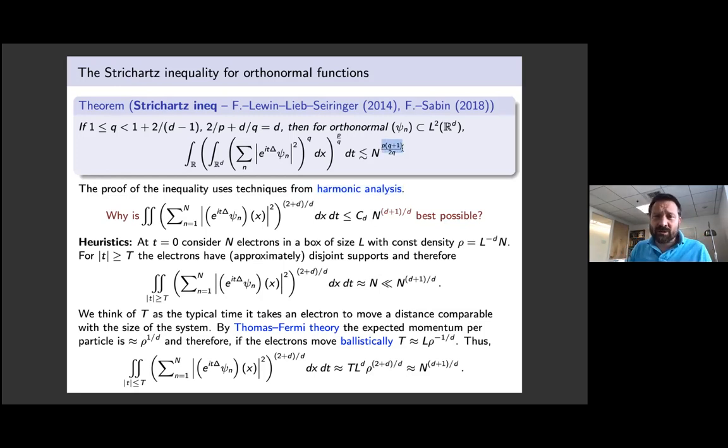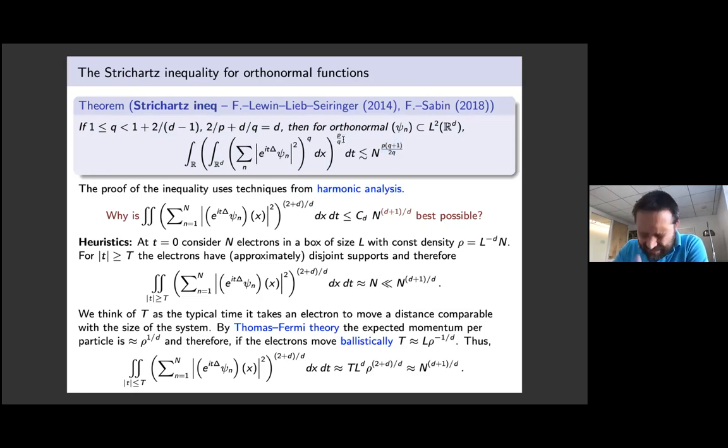And so this should hopefully explain the physical intuition behind the inequality and also give a motivation for which problems this inequality might turn out to be useful, or has turned out to be useful.